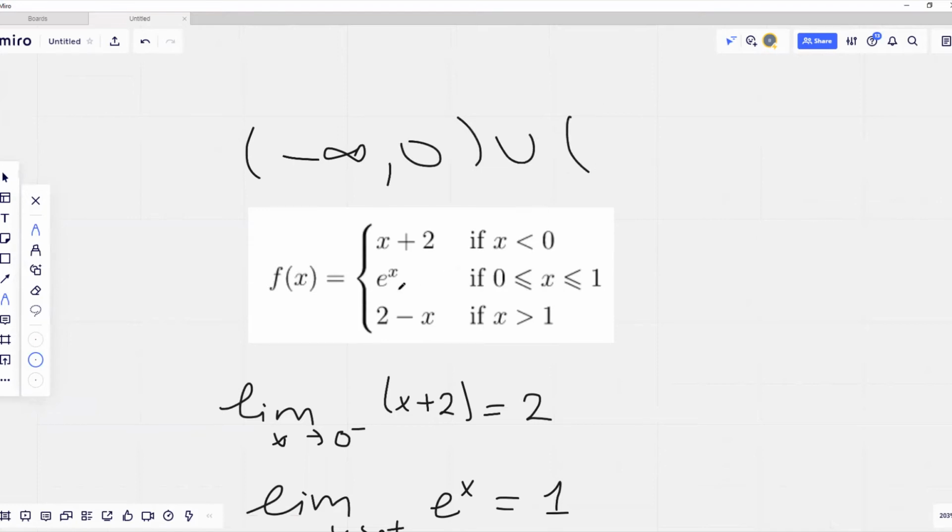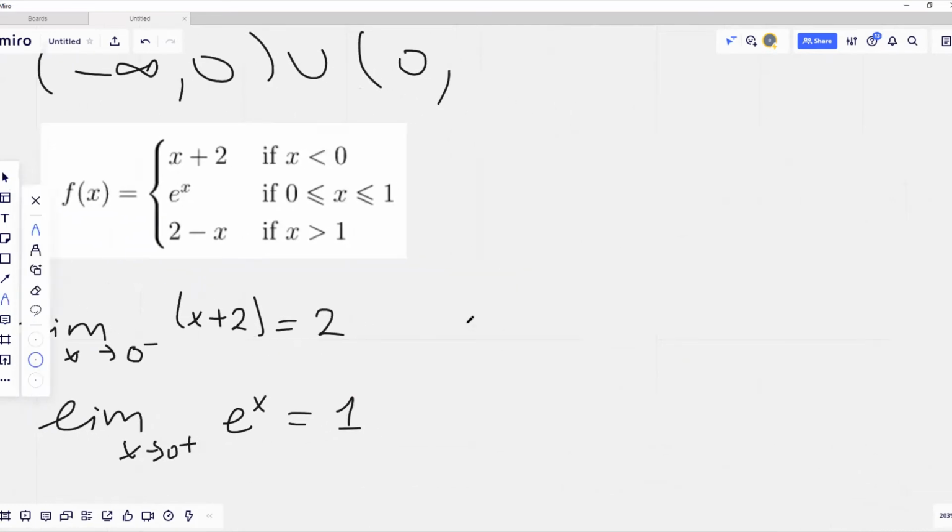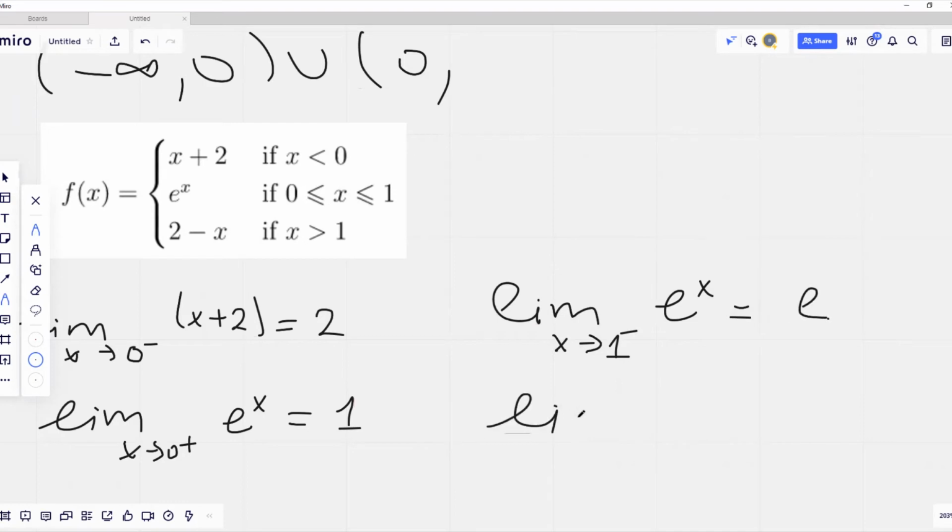Next, e to the x exponential is continuous everywhere. So now let's check point x is equal to 1, limit as we approach 1 from the left side is equal to e, and limit as we approach 1 from the right side is equal to 1.